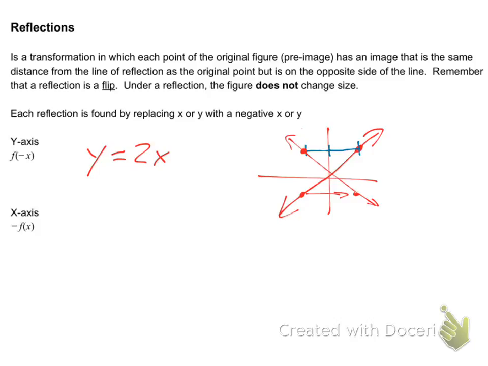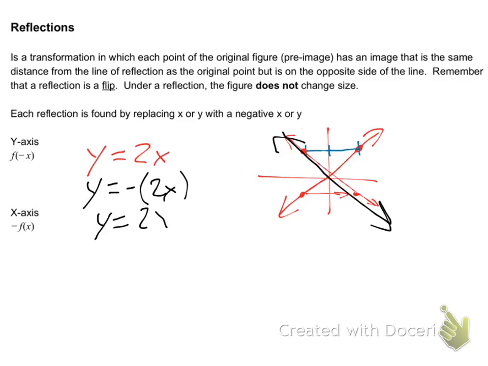Interesting. I just flipped everything about the y-axis. So the new graph, I'll change colors for that, would be the black line, right? But what would the equation look like? Well, y equals 2 to the negative x.